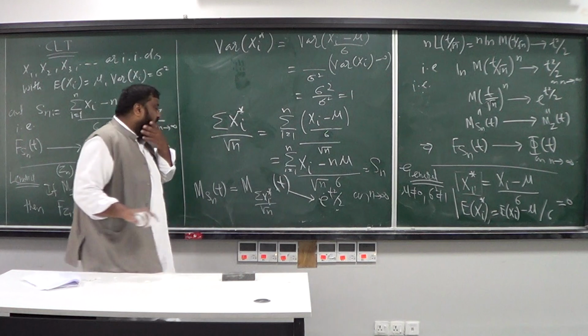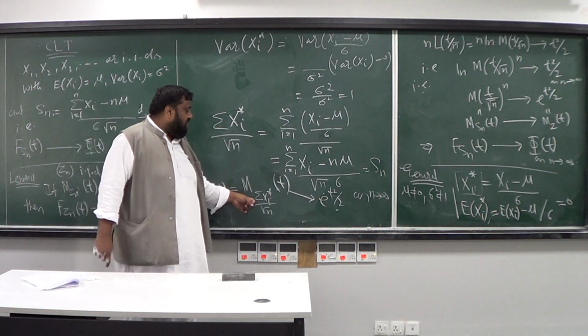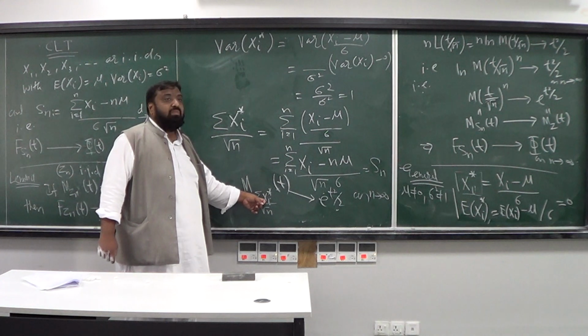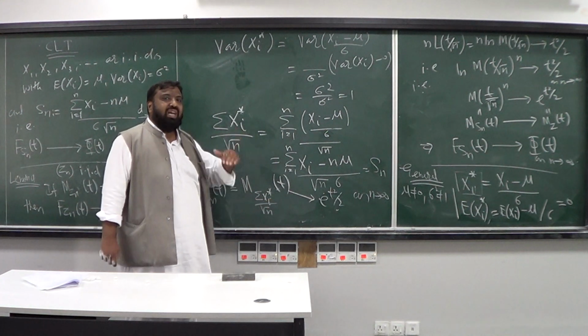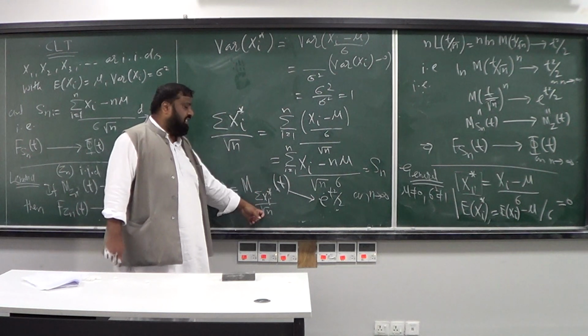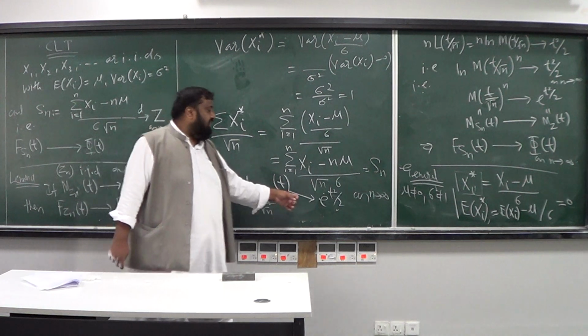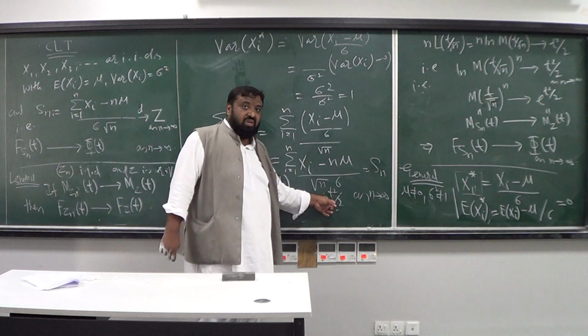We have proved that the moment generating function of the sum of random variables which have mean 0 and variance 1, divided by the square root of n, converges to e to the t squared over 2.